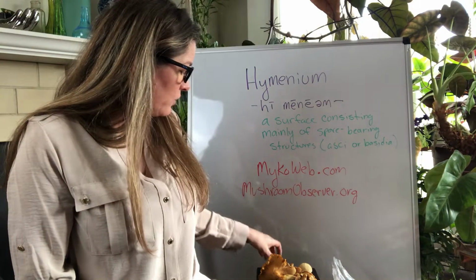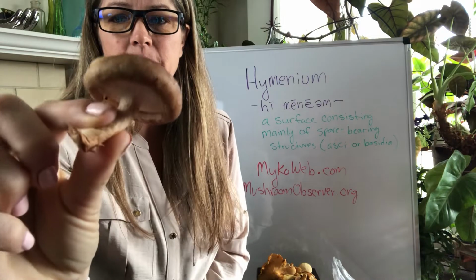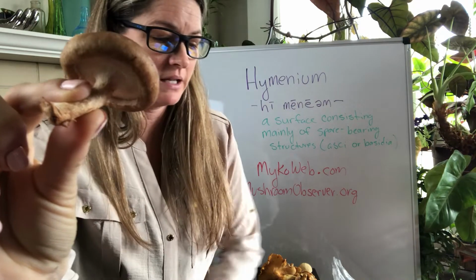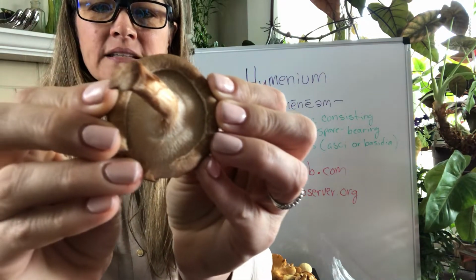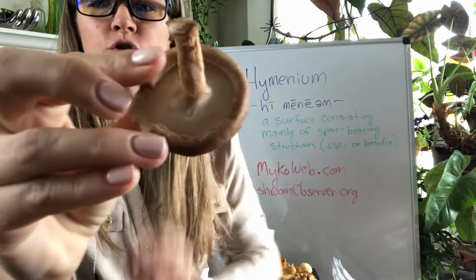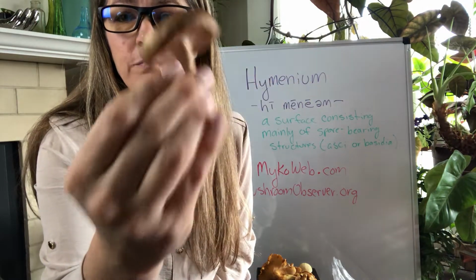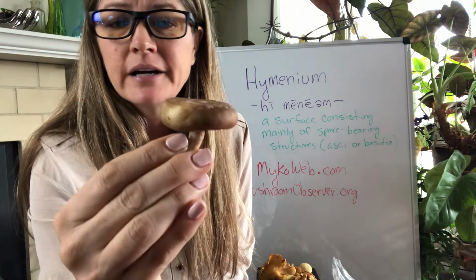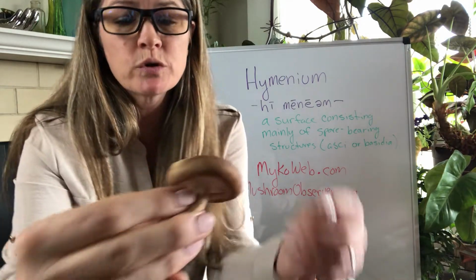Okay, so here is a shiitake, Lentinula edodes. This shiitake has gills. These are true gills, and you can go to your local grocery store, you can pick this up. You can get a button mushroom and pick that up. They also have true gills.